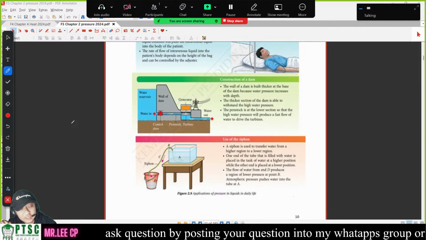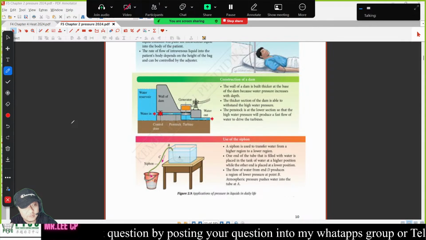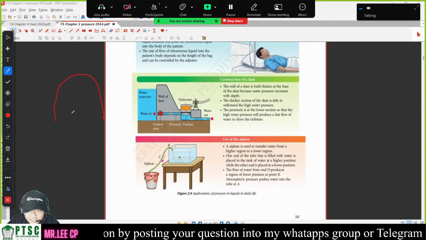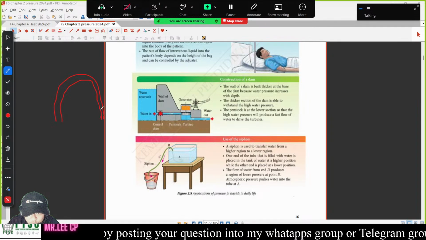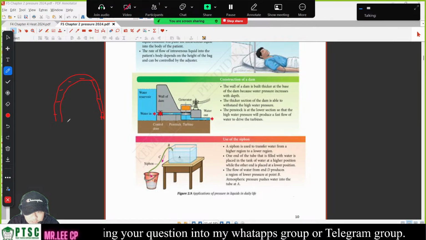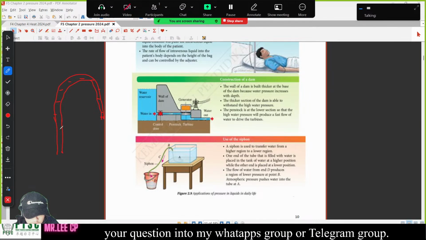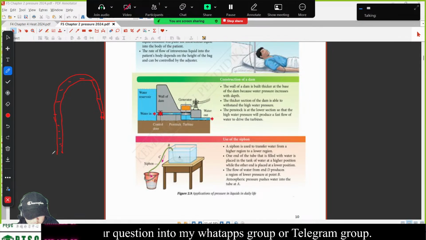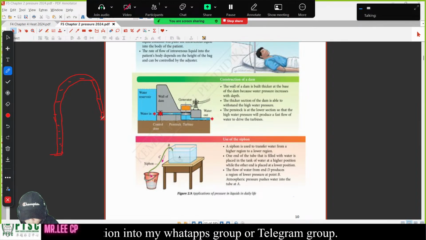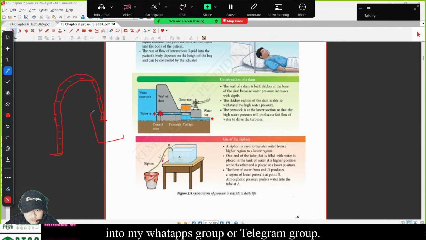Actually, before this, I have done one experiment for you for this question. Now, let's say this is the tube. You fill it with water first. Make sure this end is at the lower position. You use your finger to hold it, and this one you put into the pail.